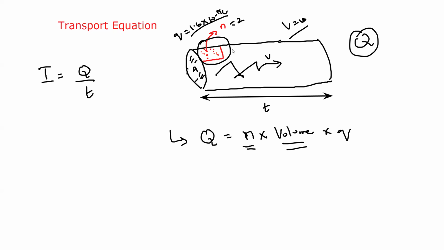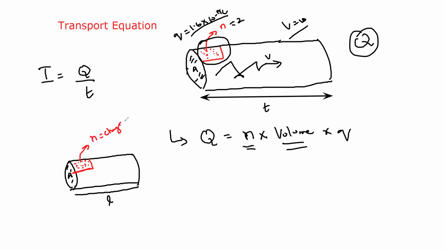Yeah, sure. I will explain the formula again. See, we have a cylinder which has a cross-sectional area of A, and the total length of the cylinder is L. The number of charges present in a unit volume, 1 meter cube, or 1 centimeter cube, or 1 millimeter cube, is given by N. N is called the charge density, how many charges in a unit volume.